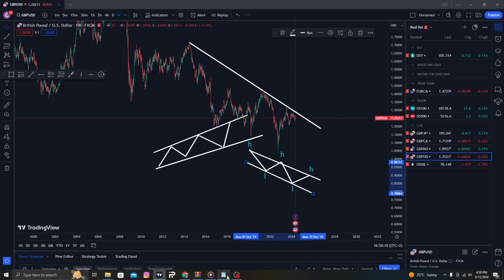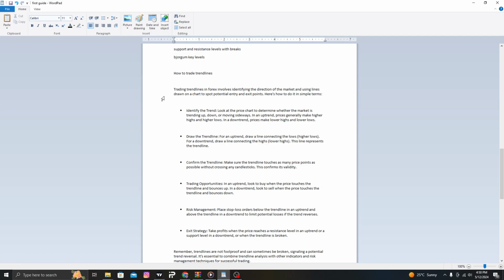So let me go back to this thing that I was reading. The first one said identify the trend. I showed you how to identify the trend. You look at the higher highs and higher lows for an uptrend, and the lower highs and lower lows for a downtrend, which indicates that price is going down.